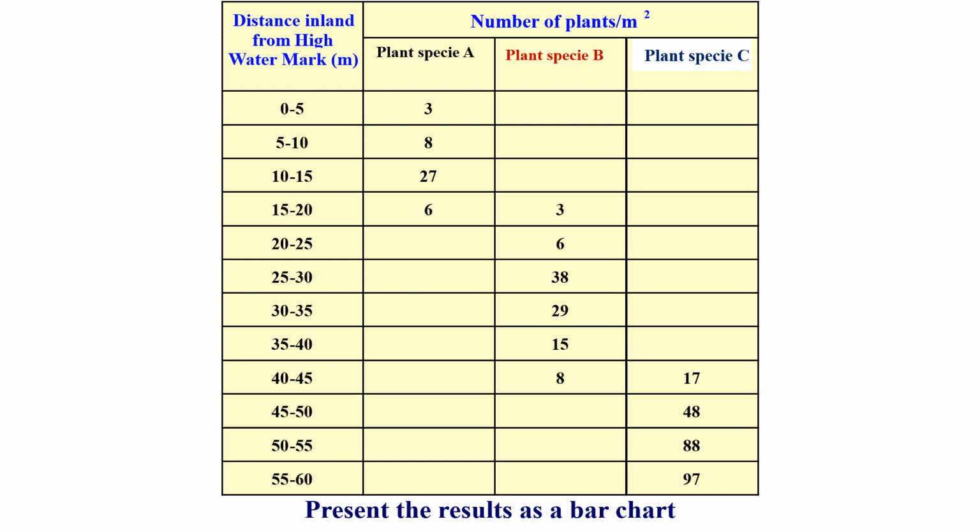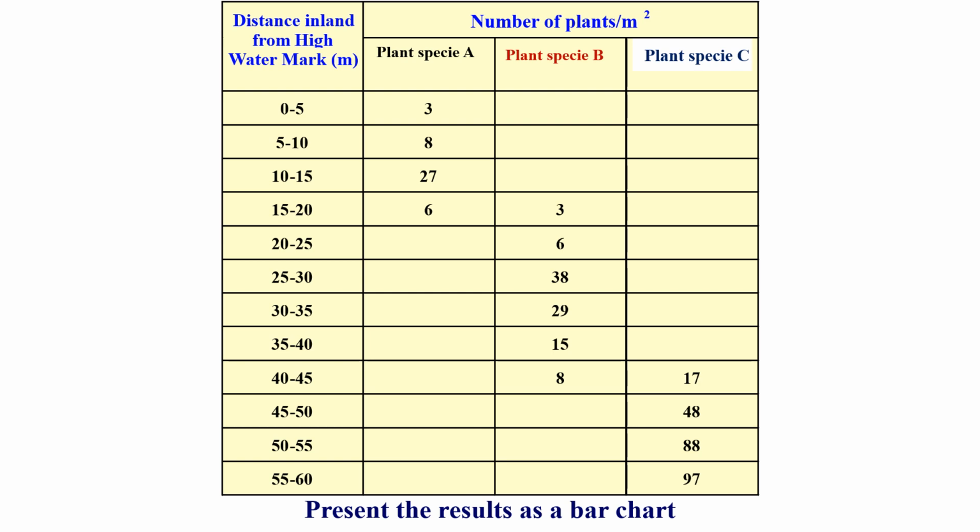If you look at plant species A, it is found at a distance from 0 to 20 meters from the high water mark, and more of this species are present at a distance of 10 to 15 meters. On the other hand, plant species B is missing in this area.